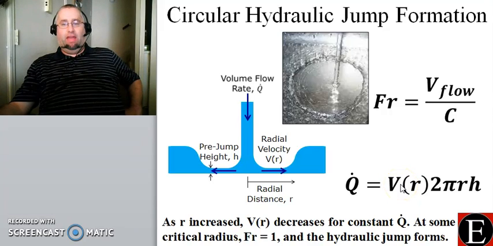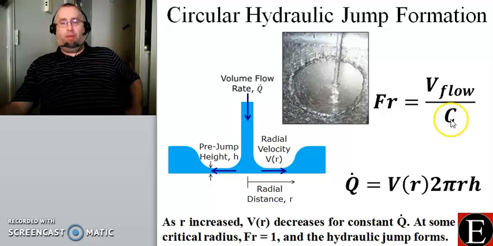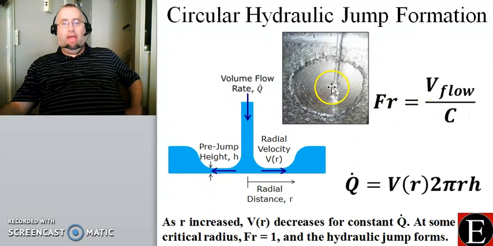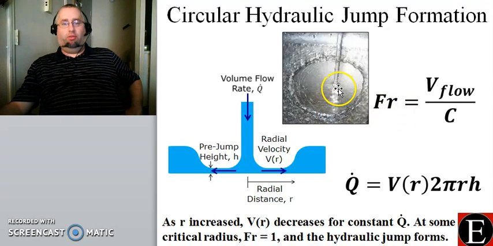And as V decreases, this V as a function of R is the flow velocity, so the velocity of the flow decreases, the rate of surface information propagation is fixed, and so the Froude number is constantly dropping as you get farther and farther away from the center. As the Froude number drops, it eventually reaches a value of 1, which is again that transition from supercritical to subcritical flow, which creates this hydraulic jump.